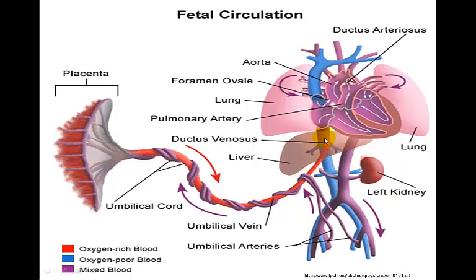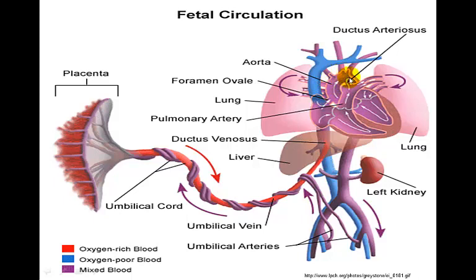Most of it goes into the inferior vena cava, and the oxygenated blood mixes with the deoxygenated returning blood from the fetal body, and this blood will then be purple in color because it's mixed. It's a combination of oxygenated and deoxygenated blood, and it will, as we said, go either through the foramen ovale or down into the right ventricle, and then go into the pulmonary trunk, and then go back into the aorta.